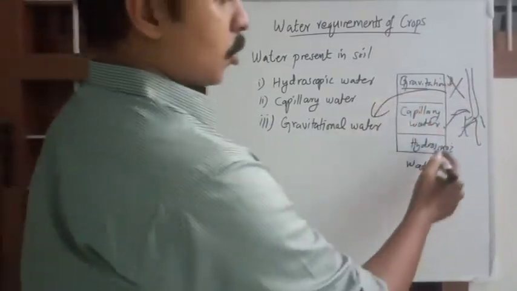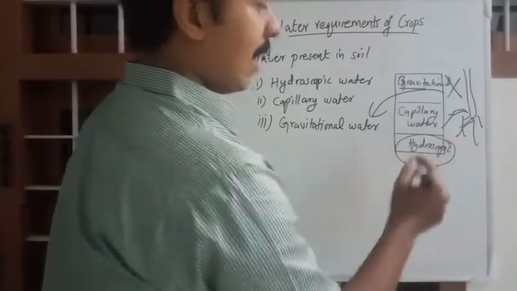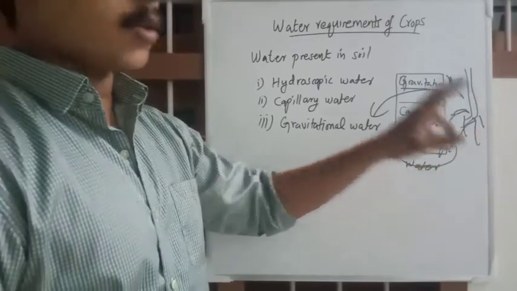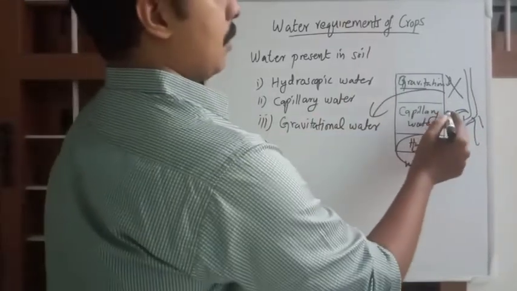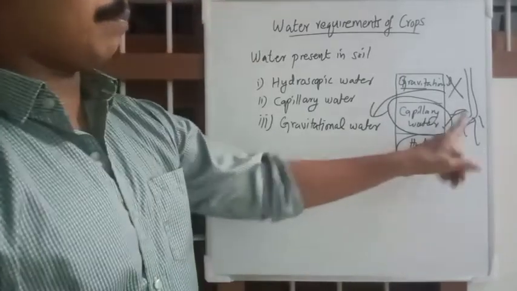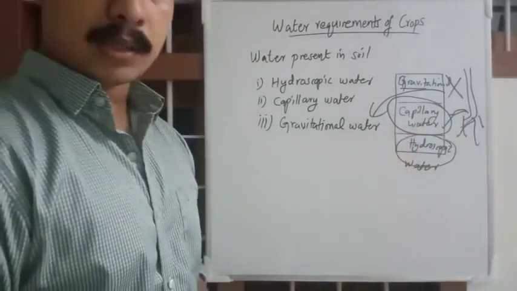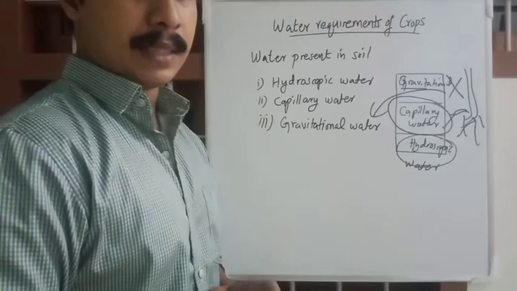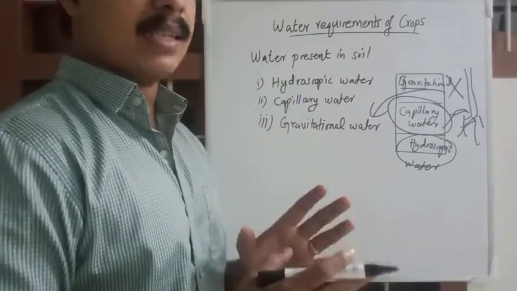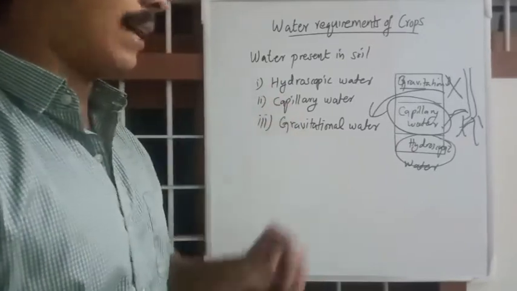Hydroscopic water will be very hard for the roots to acquire. So the main portion of water acquired by the roots of plants will be capillary water. Keep that in mind. That is important. That was the classification of water present in soil: hydroscopic, capillary and gravitational water.